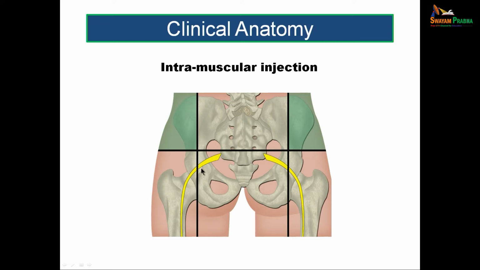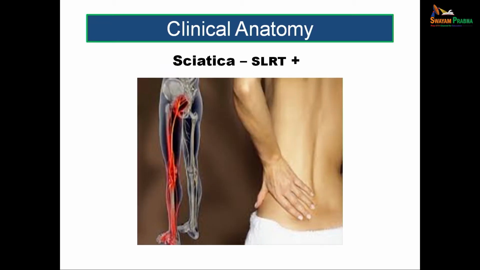Because the sciatic nerve, which is curving downwards and laterally, will lie in relation to the inferomedial and inferolateral quadrants, you avoid these quadrants and use the superolateral quadrant, which is much safer for an intramuscular injection. The muscle used for the injection is gluteus medius, lying deep to the gluteal aponeurosis.